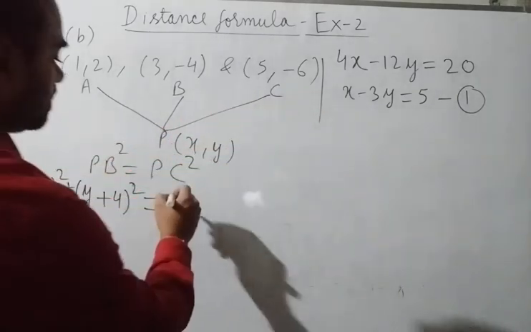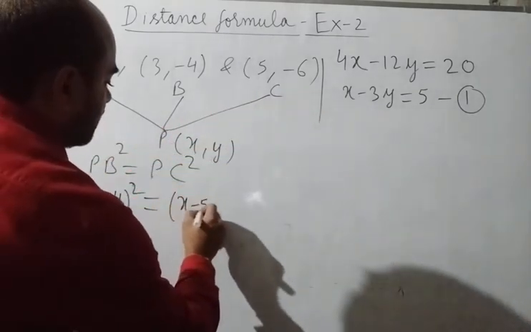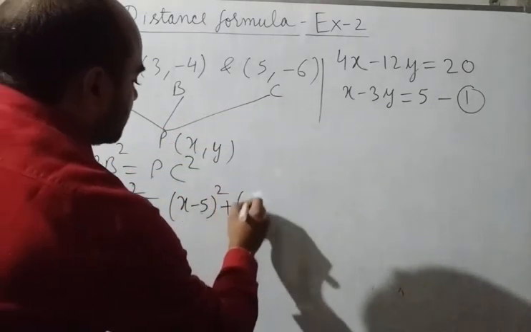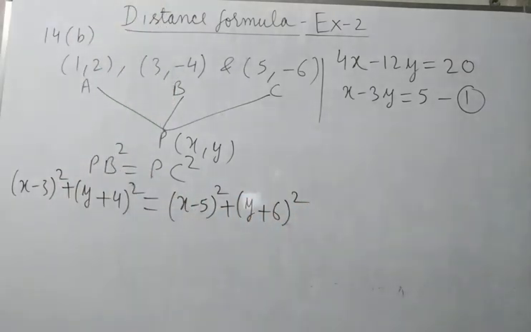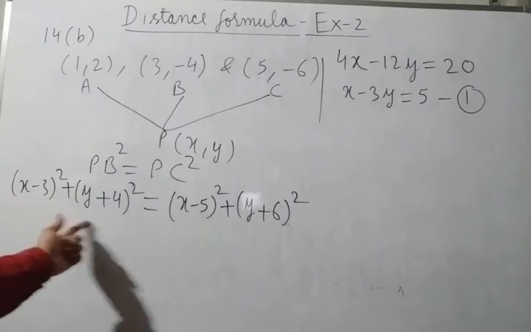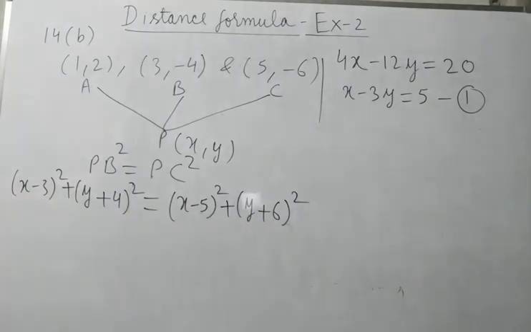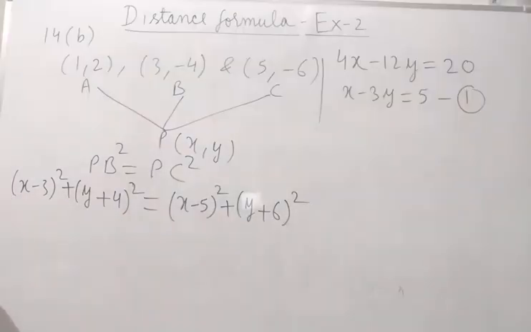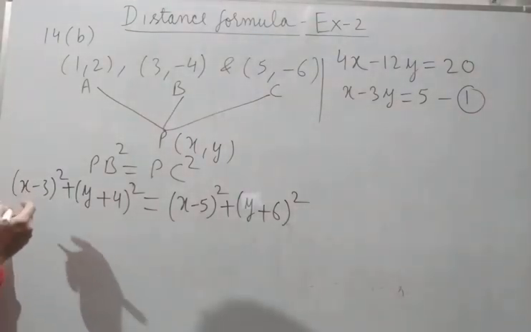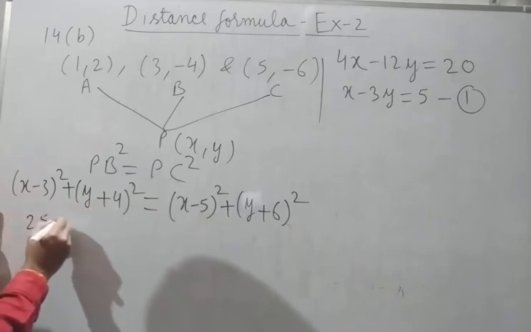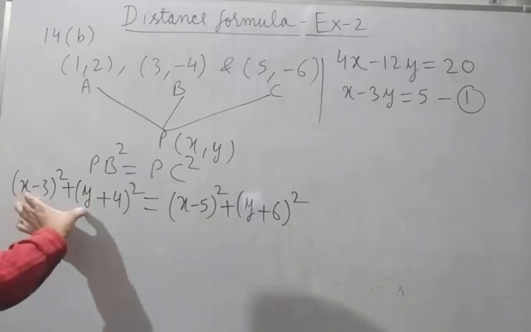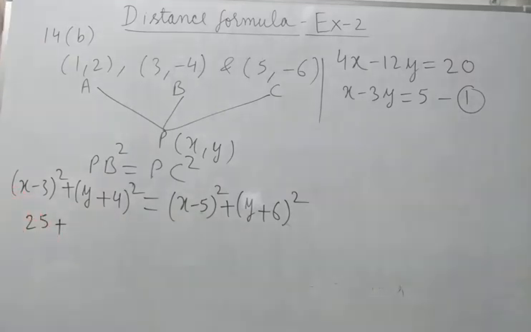PC square is x minus 5 whole square plus y plus 6 whole square, correct? So directly we can cancel x square plus y square from both sides. Now what will be left? 9 plus 16, 25 is left.